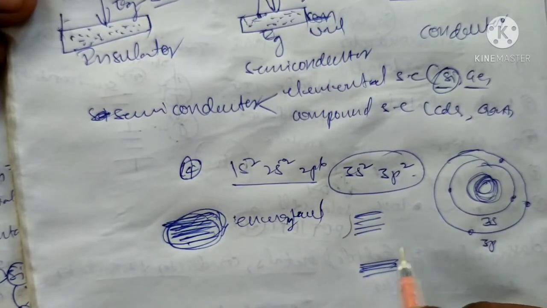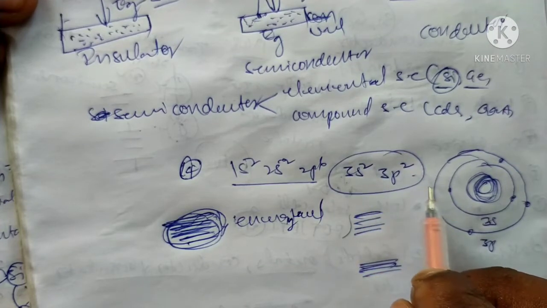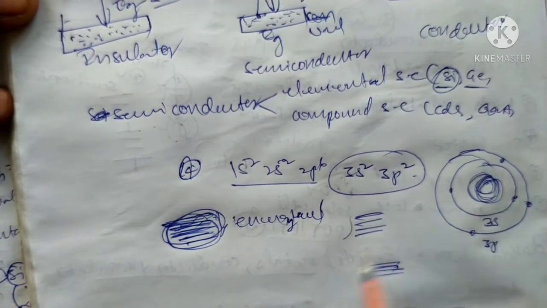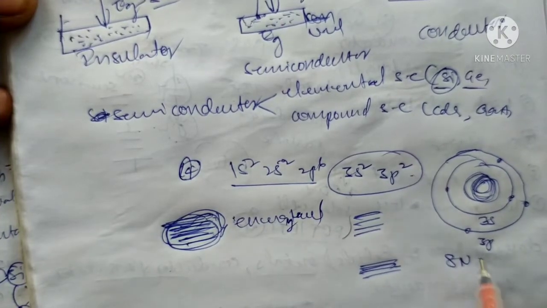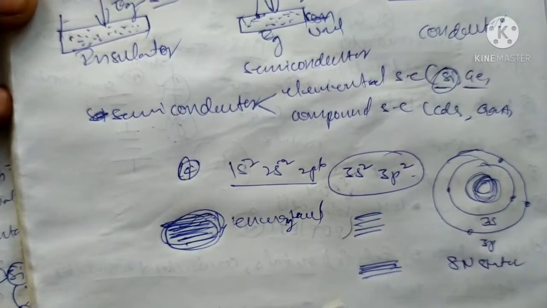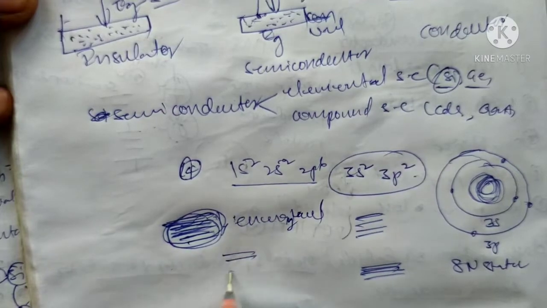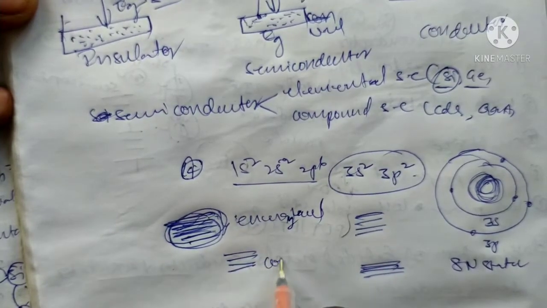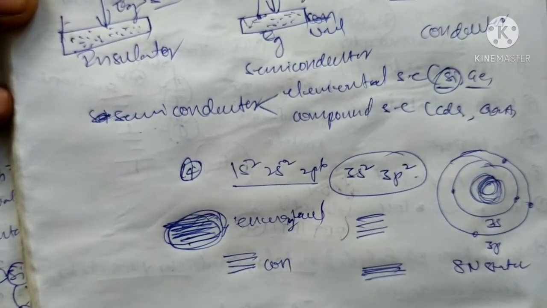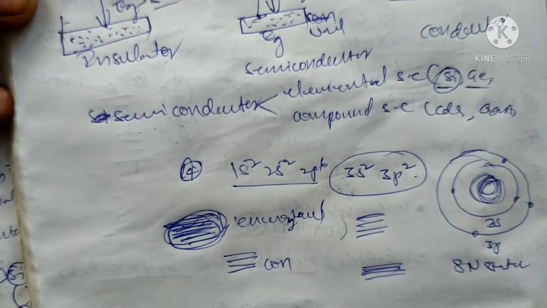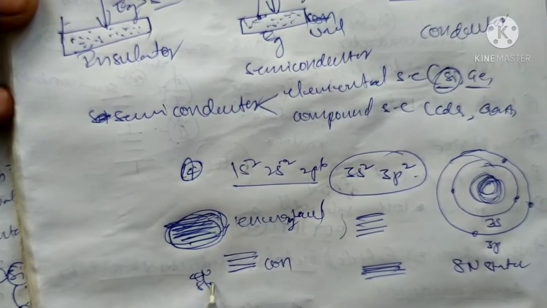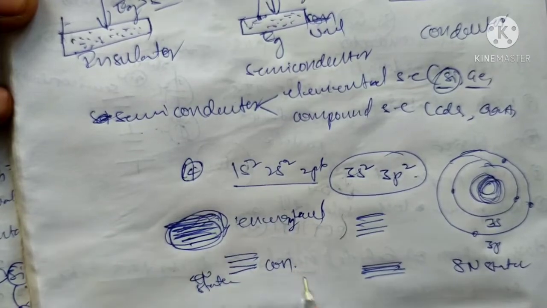Suppose we take silicon, having 8 states: 4 in the conduction band and 4 in the valence band.